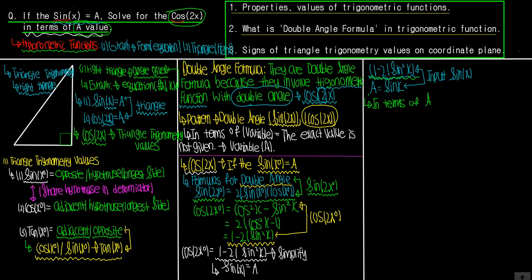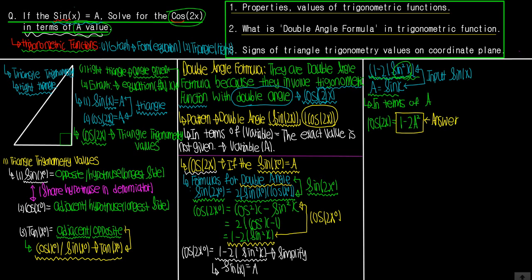So if we input a, which is sine of x, instead of sine of x, cosine of 2x is going to be 1 minus 2a squared. 1 minus 2a squared is our cosine of 2x value, which is our final answer.